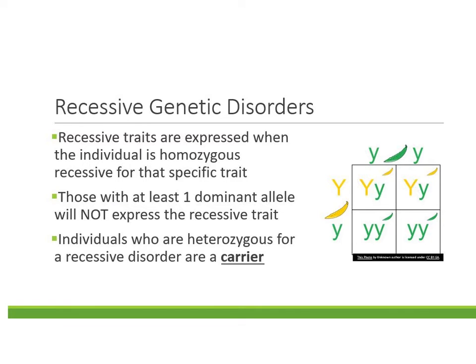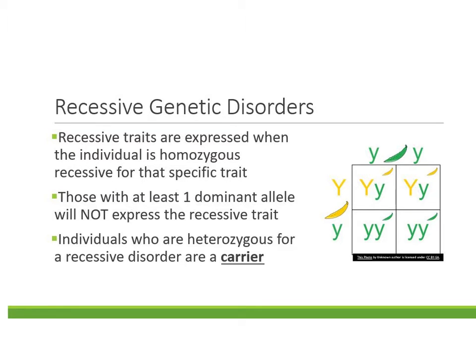Okay. So the recessive disorders are only expressed when the offspring gets both recessive alleles from the parents. You have to get the recessive trait from both your biological mom and your biological dad in order to show that recessive trait.